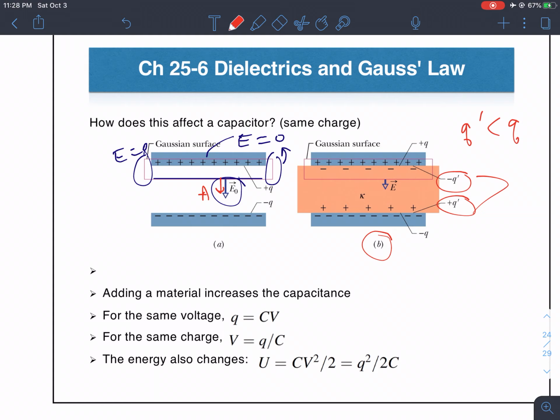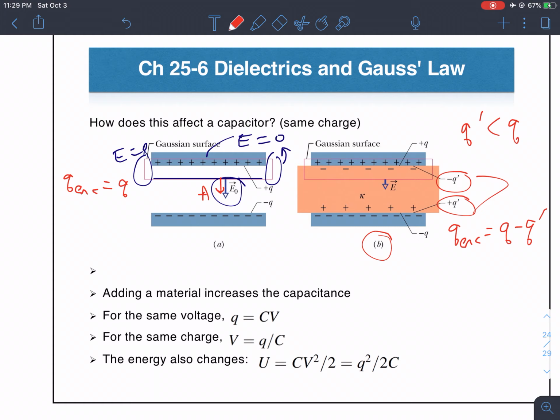In this case, if you compare E naught to E here, the E is going to be less, because the enclosed charge in the first case is simply Q, but the enclosed charge here is Q minus Q prime. That's how much you're enclosing.